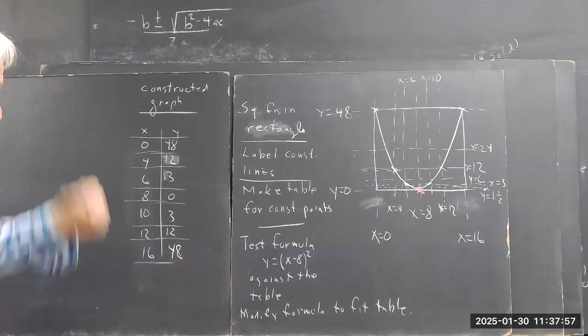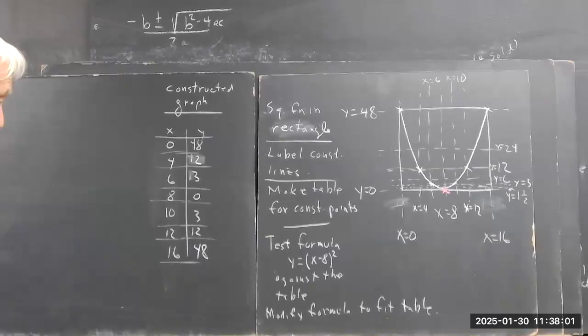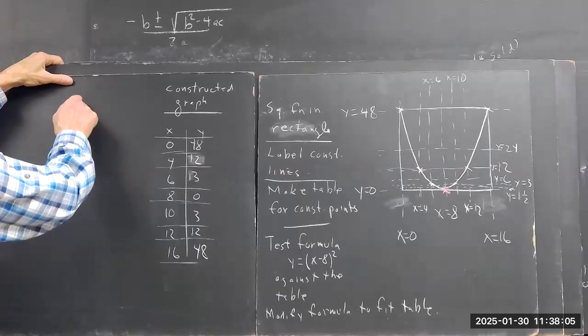Now we got to get into doing a little arithmetic and algebra. So first we're going to test the formula y equals (x minus 8) squared.